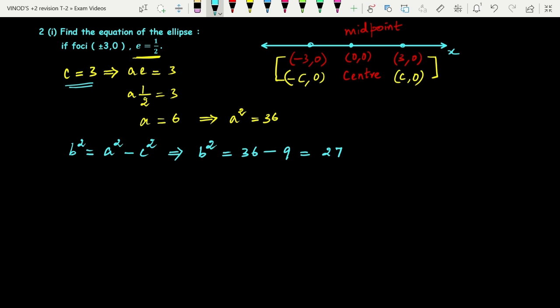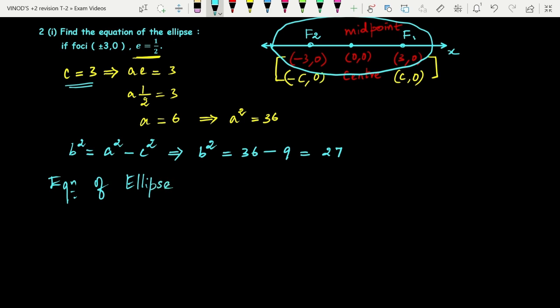From the diagram you can see that the two foci lie on the x-axis. So the major axis is the x-axis, so it's a horizontal ellipse. A horizontal ellipse will look like this. So the equation of a horizontal ellipse is x square by a square plus y square by b square is equal to 1.